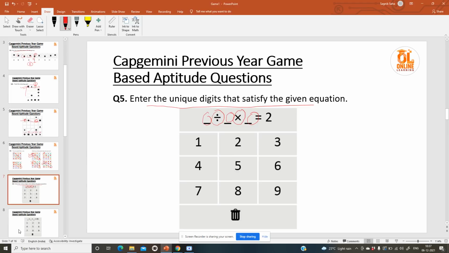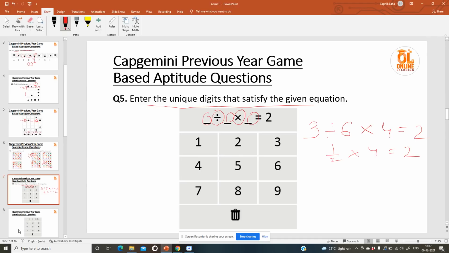So how can we make it? We can make it by 3 divided by 6 into 4, then your answer will be 2, because 3 by 6 is equal to 1 by 2, into 4 is equal to 2.